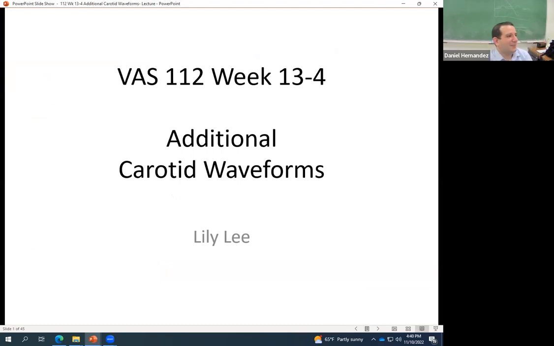Vascular 112, week 13-4, additional carotid waveforms. All right, I found it.